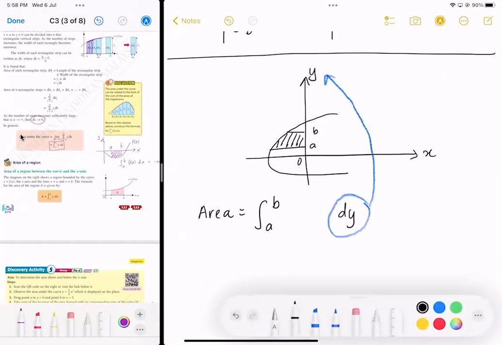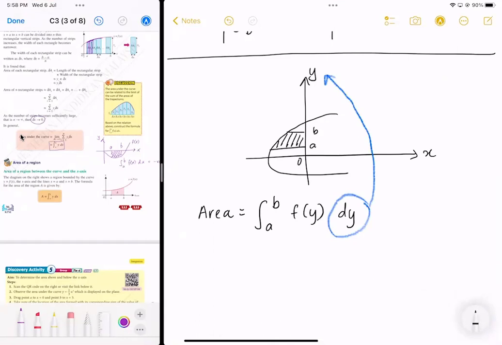Now, the function inside here must be f of y. What do they mean by f of y? That means the function must be in terms of y. It cannot be in terms of x. Understand?